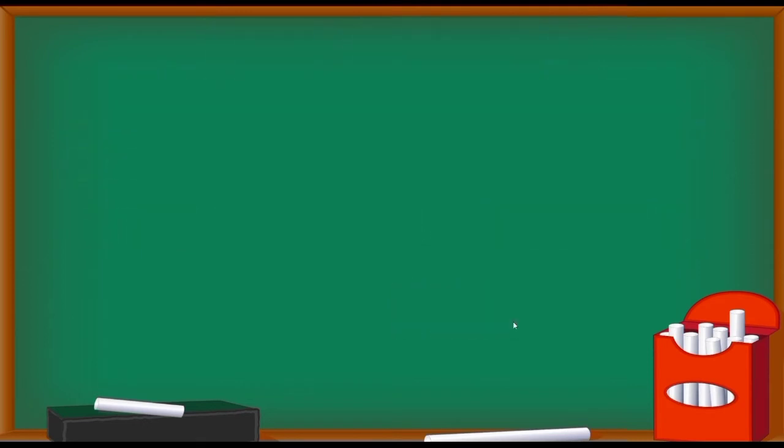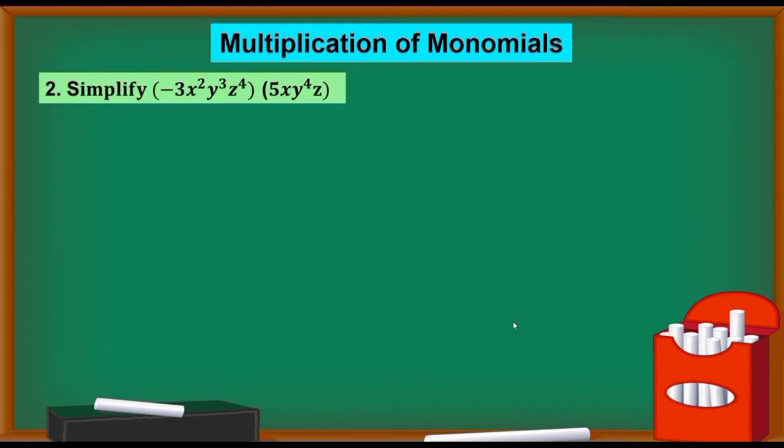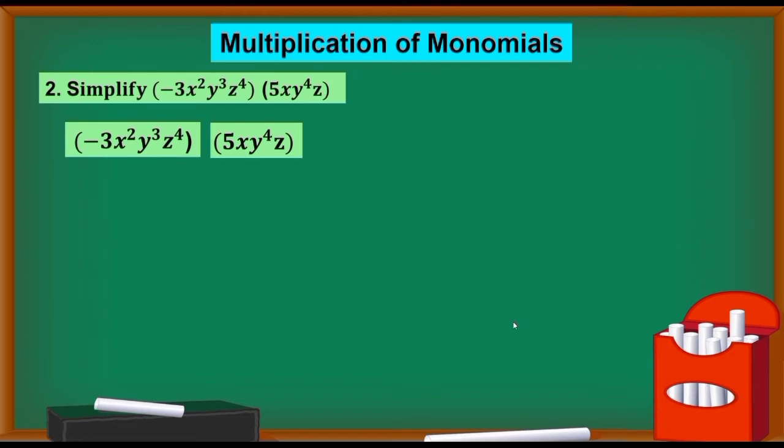So, let us have another example for multiplication of monomials. Let us simplify negative 3x squared y cubed z raised to 4 times 5x y raised to 4 z. So, given negative 3x squared y cubed z raised to 4 times 5x y raised to 4 z, ang una pong gagawin natin ay imumultiply muna natin yung number.